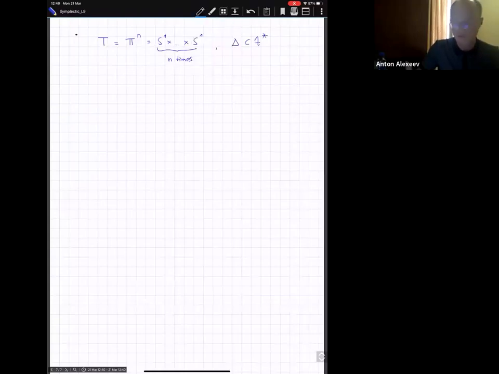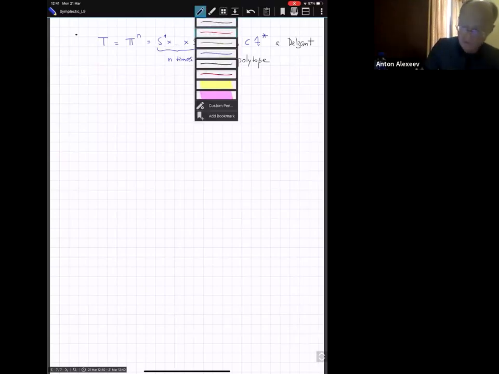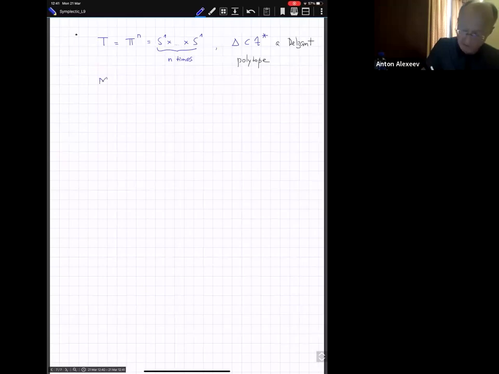Let's do the compact construction. A polytope, so a compact intersection of some number of half planes. So let me choose M to be the cotangent bundle of T.